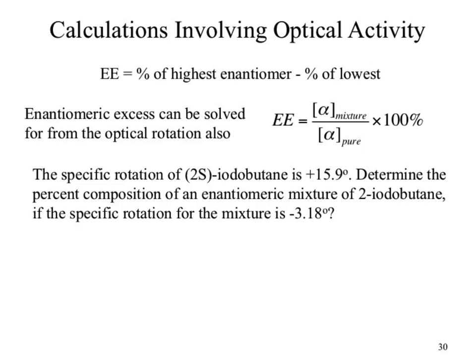It is not negative 15.9, so it is not 100% R. That value is actually starting to approach what? I would say that's getting darn close to 0, which would suggest the percentages of each of those in the mixture are pretty close to 50-50. Not perfectly, but the R should be in greater excess because we see a negative value out of this.